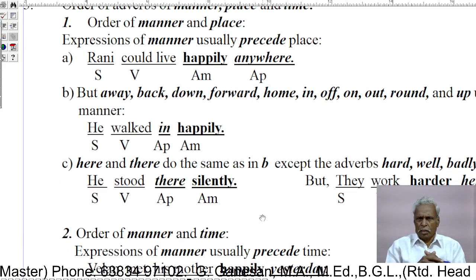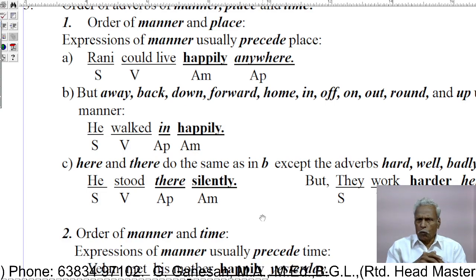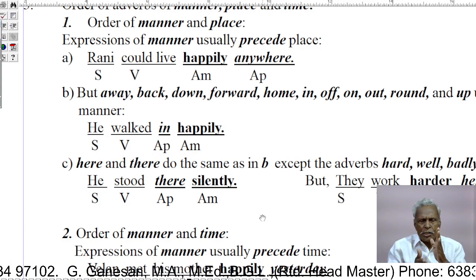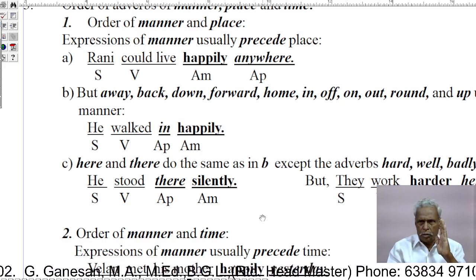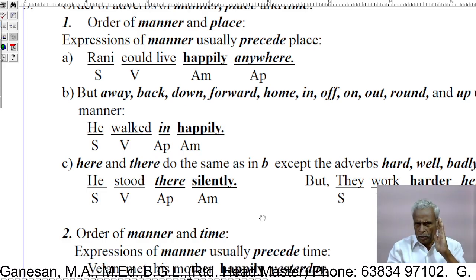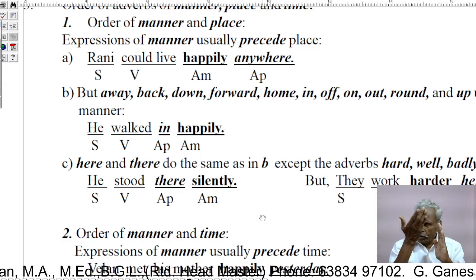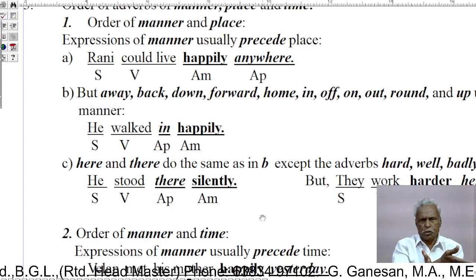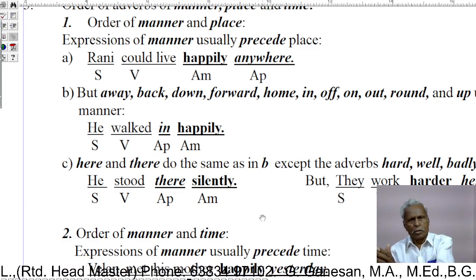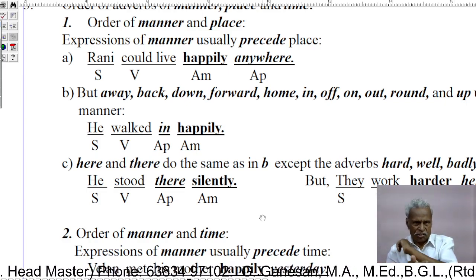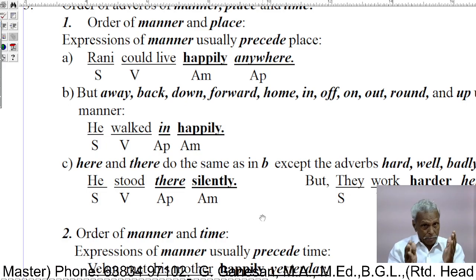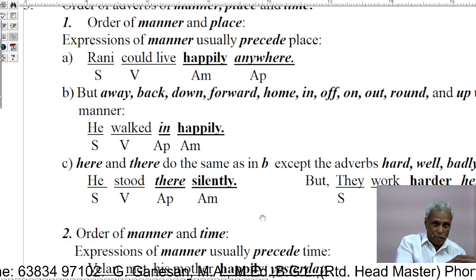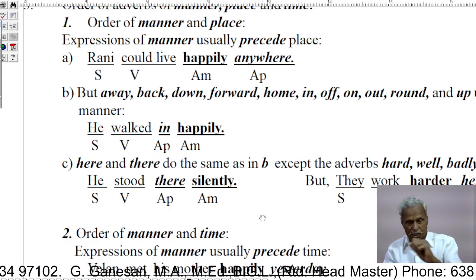But with away, back, down, forward, home, in, off, etc., the adverb of place is placed first and manner is placed next. Normally, when manner and place come, manner is placed first and the adverb of place is placed next.